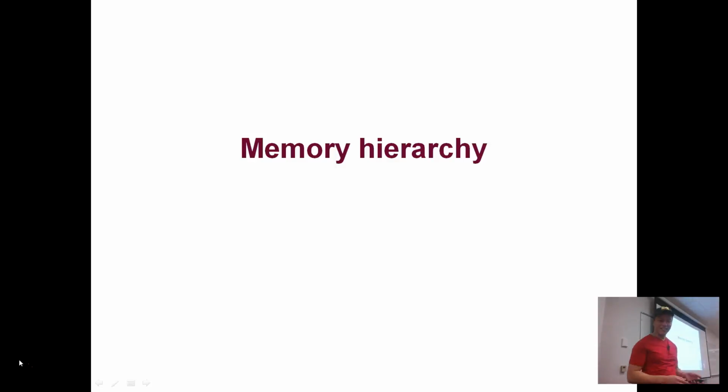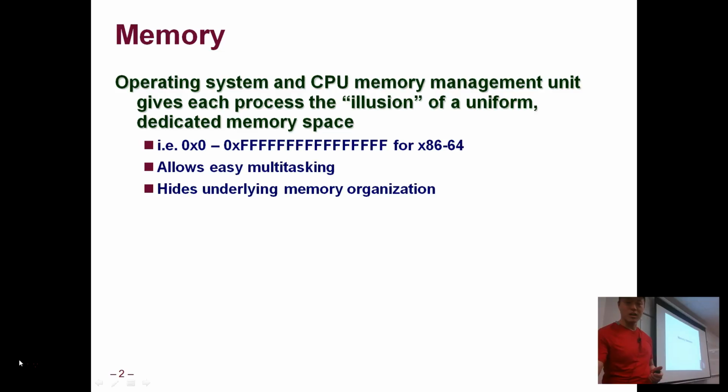So, all right, we're going to start Chapter 6, which is the memory hierarchy. Up until now, we have talked about memory and this illusion of having a uniform address space for each process, this virtual memory abstraction, where a process believes that it has the entire range of memory from 0 to all Fs for x86-64.